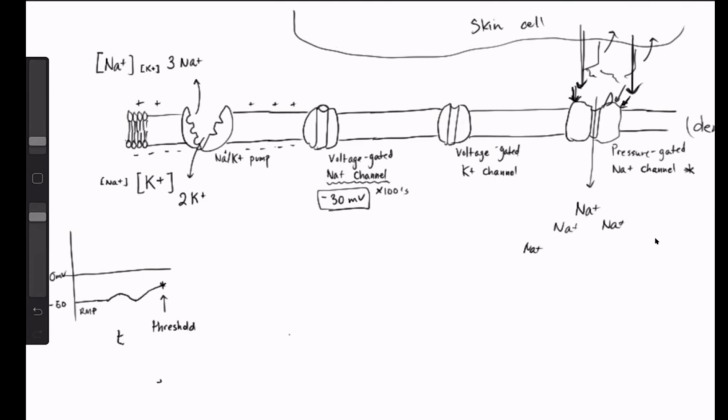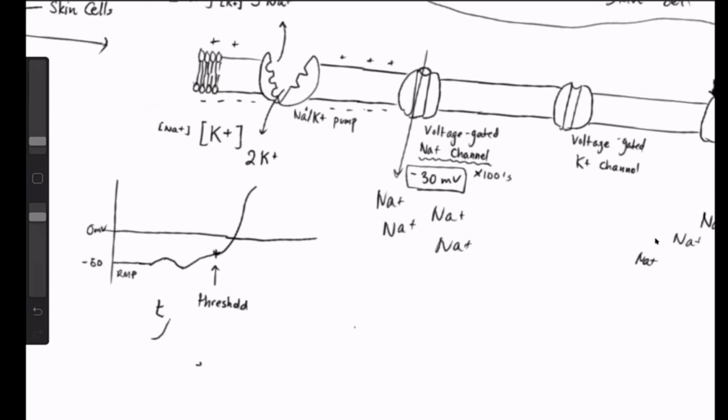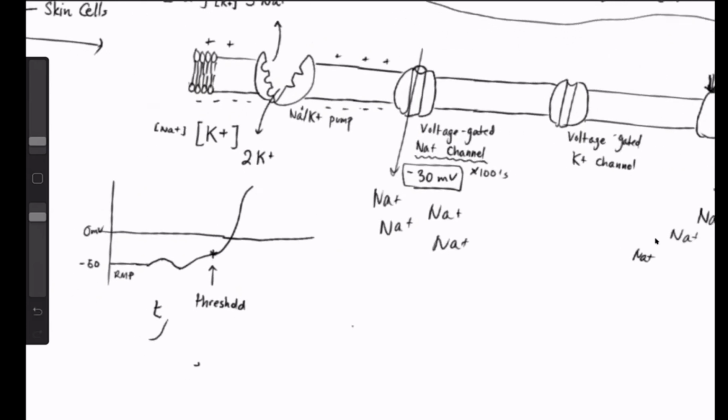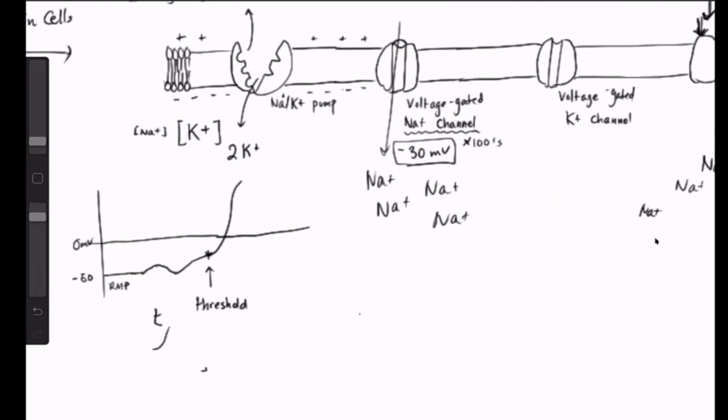And what that means is a huge amount of sodium is going to come in all at the same time, right? Because it's not just this one, there's hundreds of them. So what would that look like? That would look something like this. All the sodium flowing into the cell would make this cell no longer negative, but very positive.